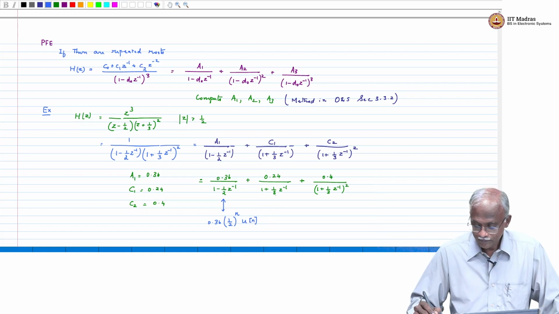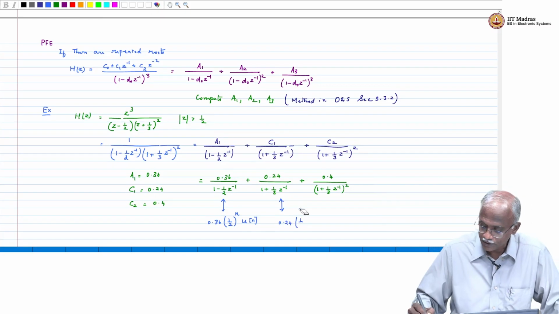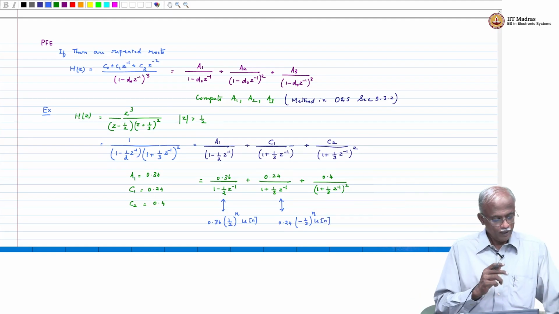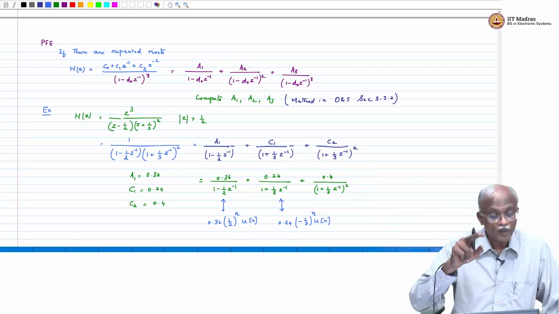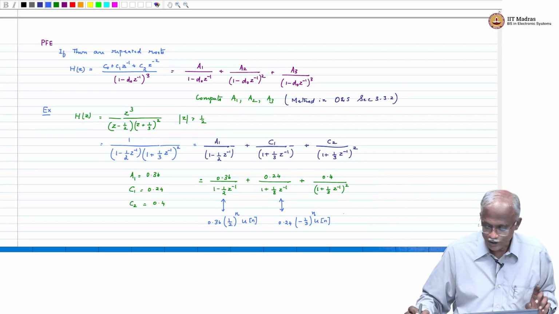The second term, 0.24 into minus 1 by 3, because we should be careful with the sign, minus 1 by 3 raised to the power n u of n, because the pole is located at minus 1 by 3. So basically the sequence will be minus 1 by 3 raised to the power n.